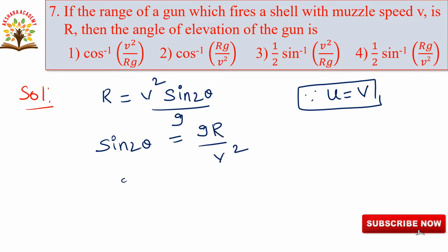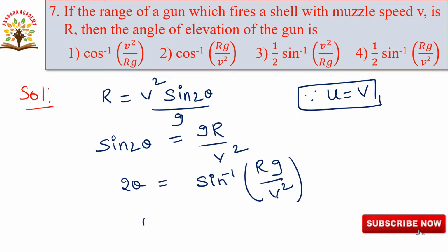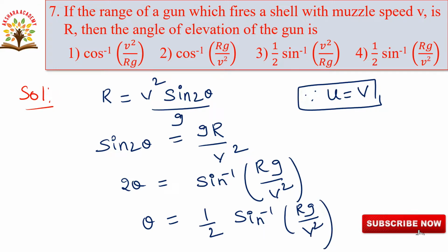So here 2 theta is equals to sine inverse of Rg by v square, or we can write it as theta is equals to half, or 1 by 2, sine inverse Rg by v square. Okay, this is the angle of elevation of the gun. This is the final answer. Theta is equals to 1 by 2 sine inverse Rg by v square. Here the fourth option is correct. Next we will go to the next question.